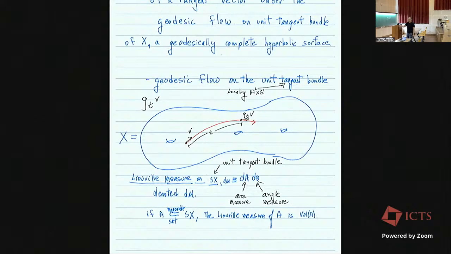Okay, so I'm denoting that by dμ. And if you have some measurable subset A of the unit tangent bundle, the Liouville measure of A is, I probably changed notation, it should be μ of A in what I have written later, which makes sense. This is dμ.